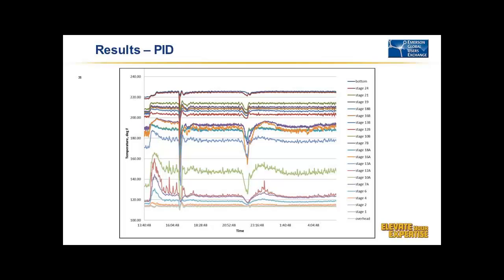So as I said before, we have 24 different temperature points on our distillation column. And so this is a graph. This is just in PID control, so not model predictive. We needed a baseline to compare the results from model predictive. You can see this is when we implemented PID, so it took a little while to adjust.